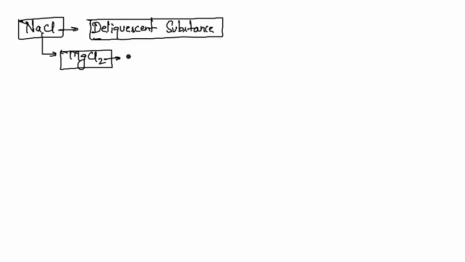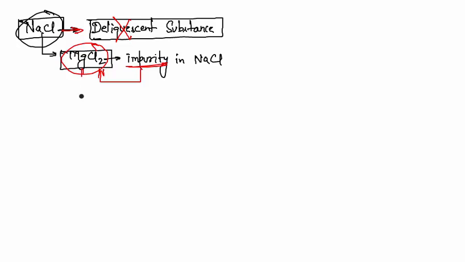Because of that impurity it looks like NaCl is deliquescent, but actually NaCl is not deliquescent. It's the impurity present in NaCl, MgCl2, that is deliquescent. So this is very important. Your table salt is not pure NaCl, of course. Pure NaCl is not a deliquescent substance. Hope you understand this part.